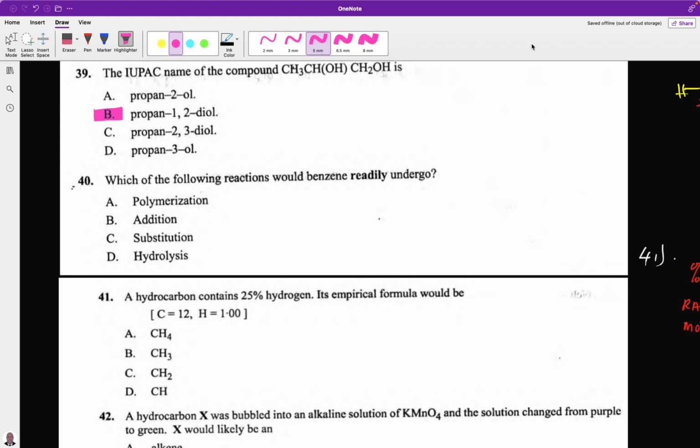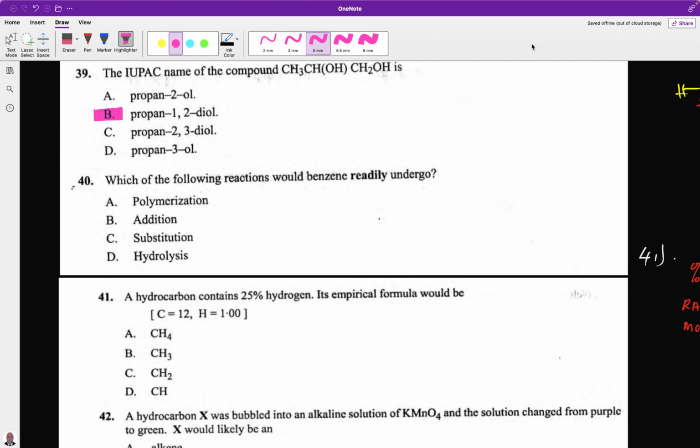But things like benzene, because of the high density of electrons in the ring, many other substances will want to benefit from the high density of electrons by undergoing a substitution reaction with benzene.